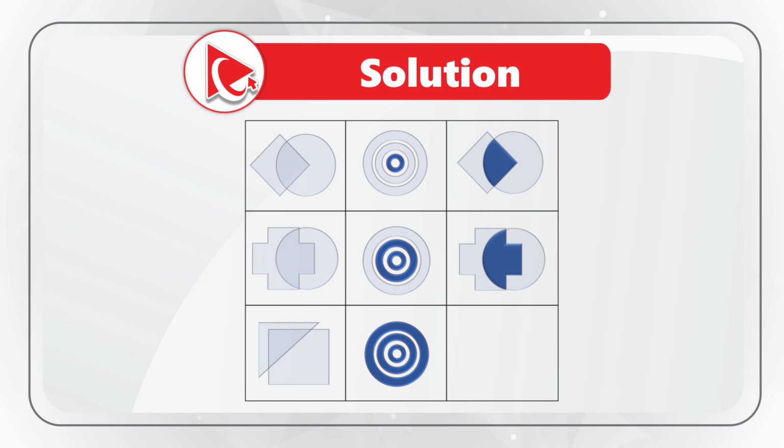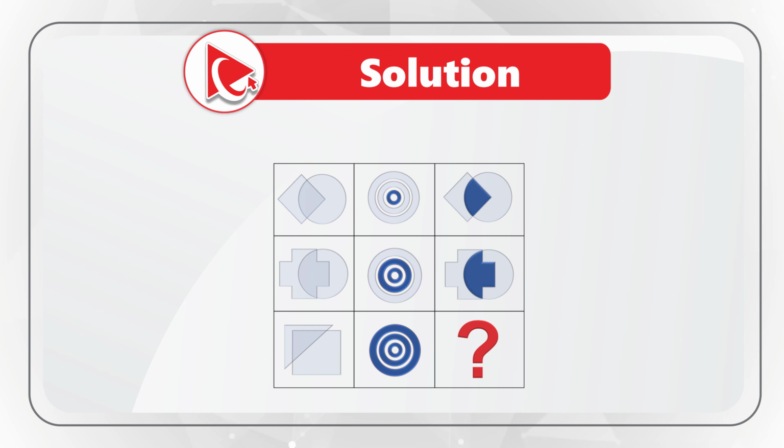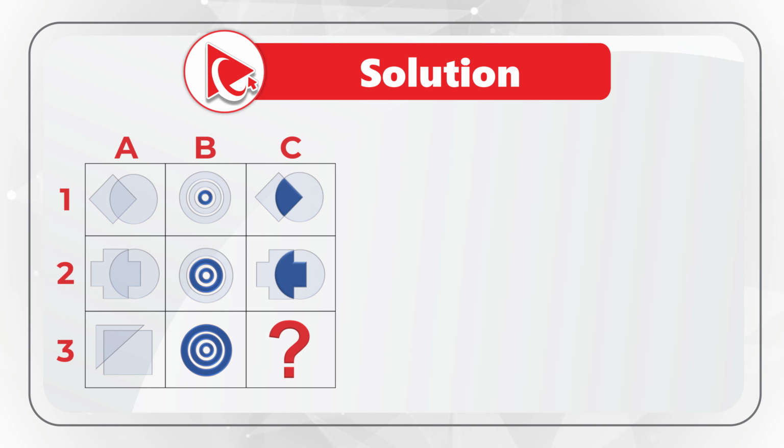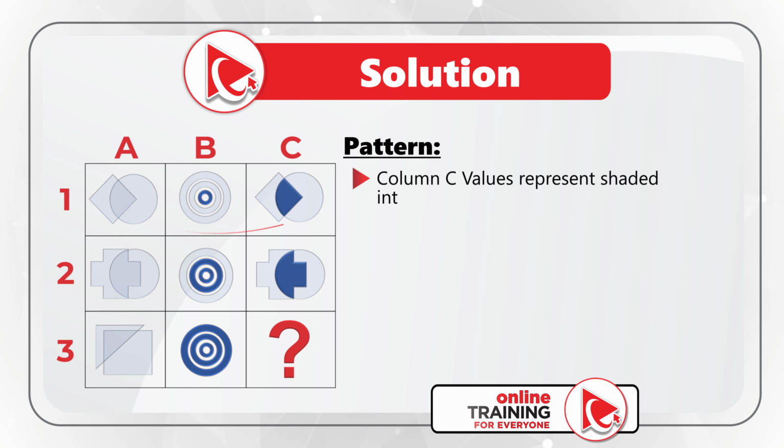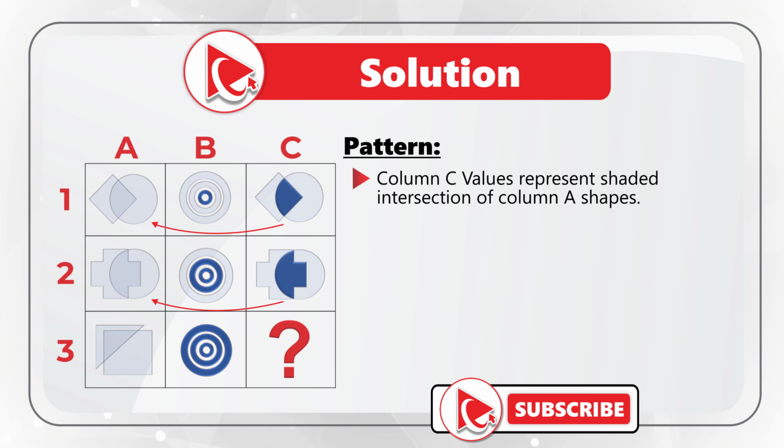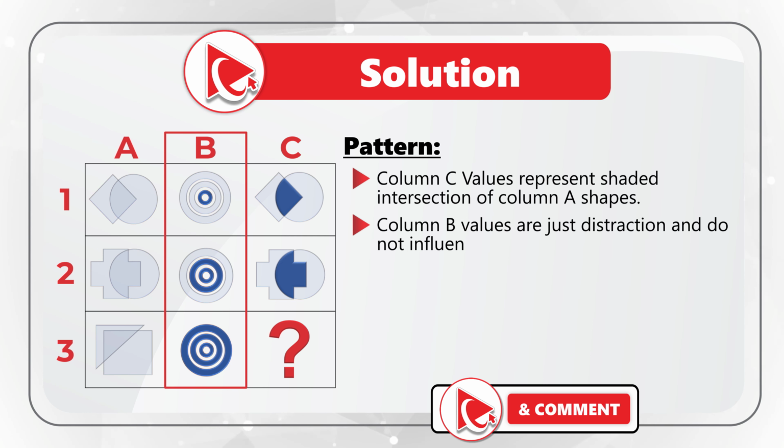Let me first add some references to the matrix. We will name columns A, B, and C, and we will name rows 1, 2, and 3. And you probably noticed here, but column C values represent shaded intersection of column A shapes. And considering this, column B values are just a distraction and do not influence answer in any way.